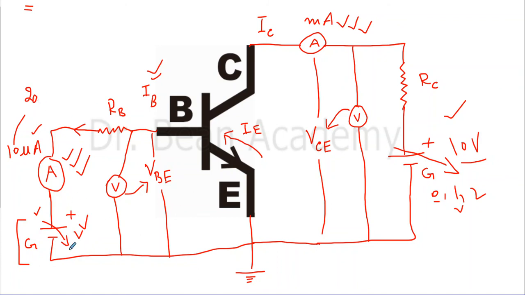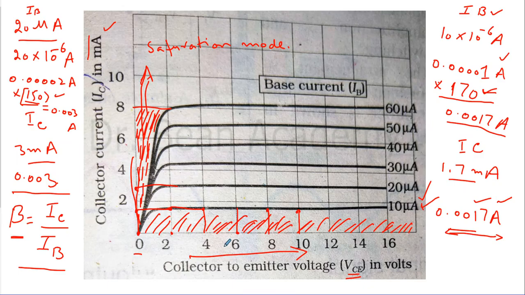Now you will not disturb anything here. You will come to this part, and once again fix this voltage to 0, and record the corresponding collector current in milliamperes. Then you will fix it to 1 and measure the collector current, make a table, and draw the values of those tables here.